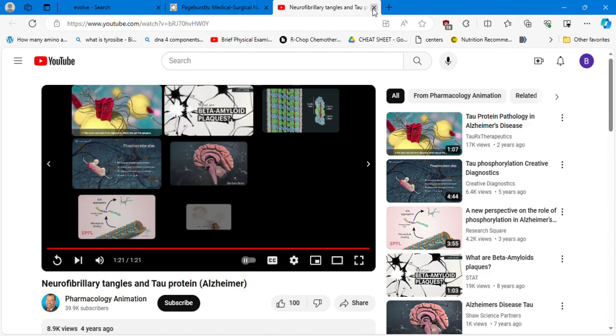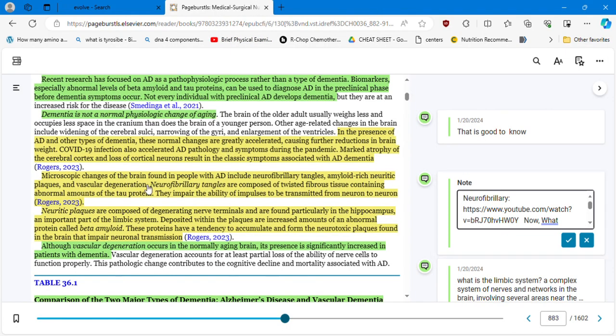Thank you so much. So these neurofibrillary tangles are composed of twisted fiber tissue containing abnormal amounts of the tau protein. And we saw how the tau protein forms other abnormal cells. They impair the ability of impulses to be transmitted from neuron to neuron.